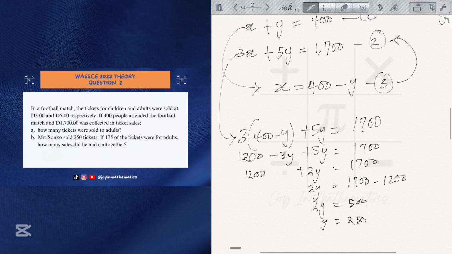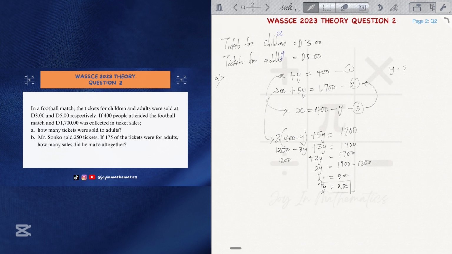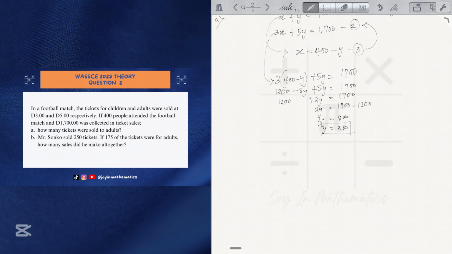So in essence, the number of tickets sold to adults is 250, and we have solved for A. Now let's proceed further. If Mr. Sonko, that's a ticket sales attendee, sold 250 tickets, that's B. So the total tickets he sold is equal to 250, and 175 were for adults.